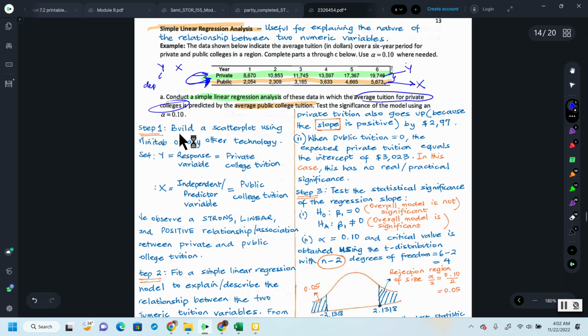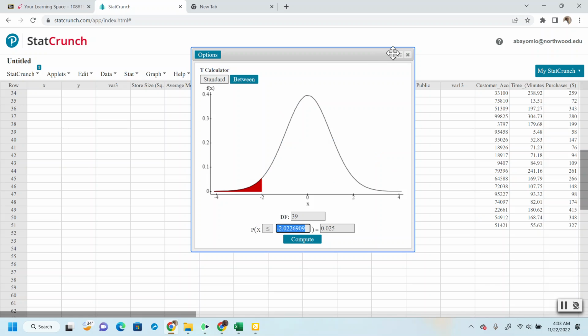So step 1 would be to build a scatter plot using Minitab or any other technology. I'm setting my y to be the response variable, or private college tuition, and x would be my independent or predictor variable, which would be public college tuition in this context. So let's go into StatCrunch and draw a scatter plot of this data. So here we are in StatCrunch.